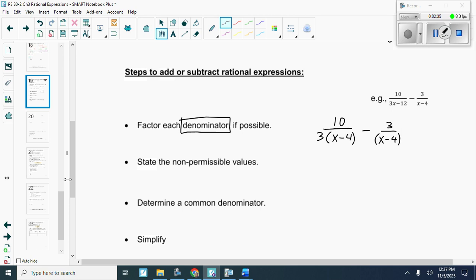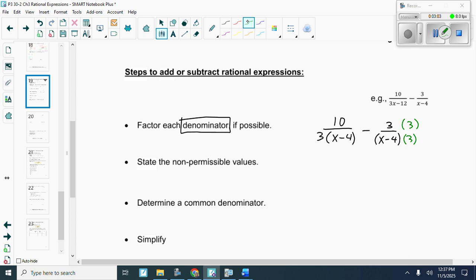So in this case, after I factored it, look, my binomial, what I have in brackets, it's the same for each one. So the only thing that I need to do to make these two have a common denominator is I just have to multiply this one by 3. Then they'll have the same common denominators.